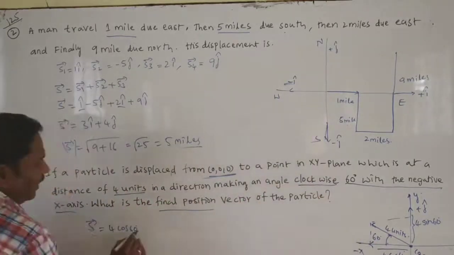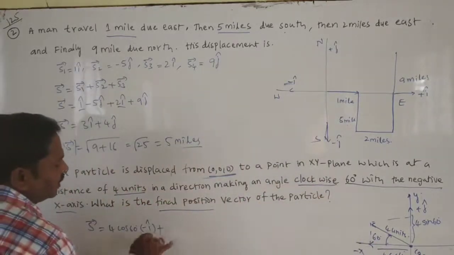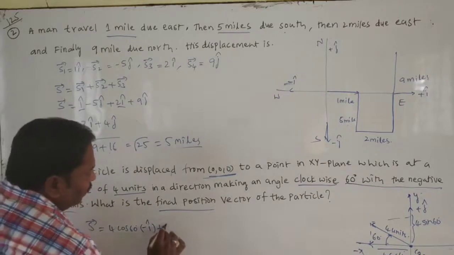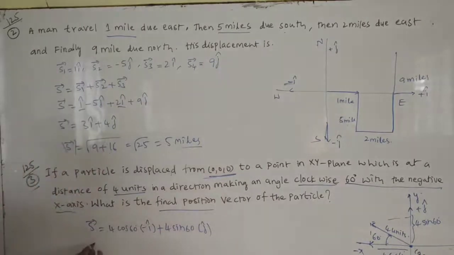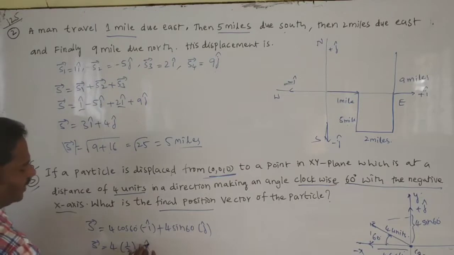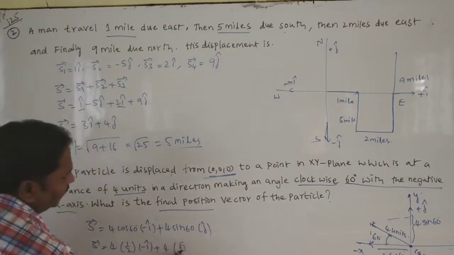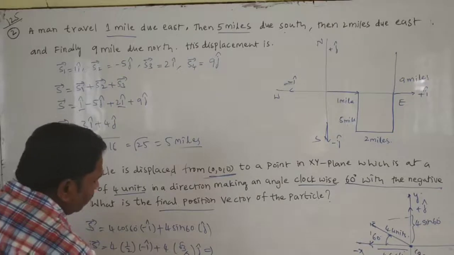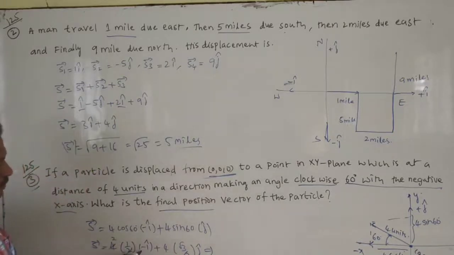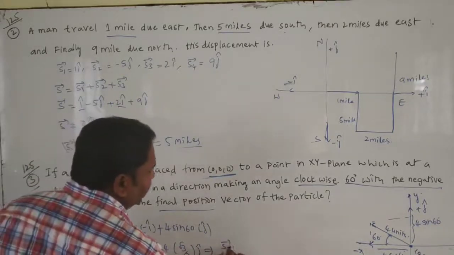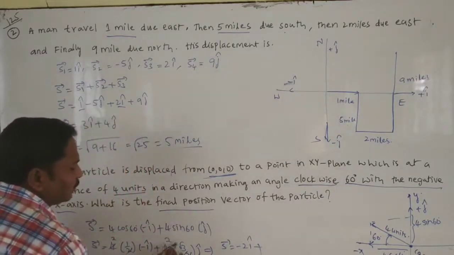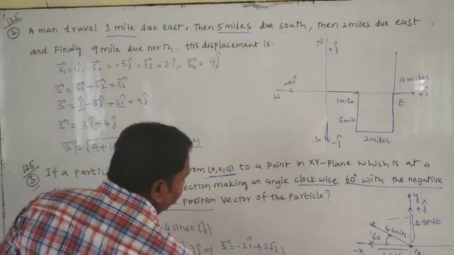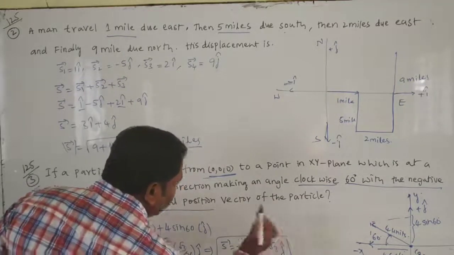So S bar equals minus 4 cos 60 i cap plus 4 sin 60 j cap, which is 4 into 1 by 2 minus i cap plus 4 into root 3 by 2 j cap. So the displacement S bar equals minus 2 i cap plus 2 root 3 j cap. This is the displacement vector.